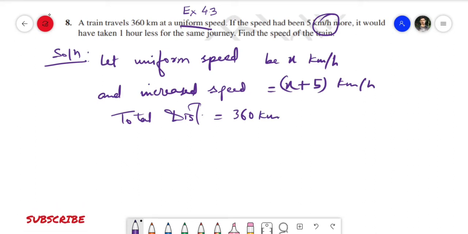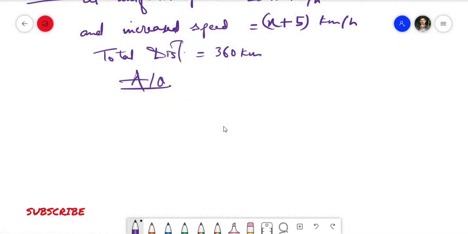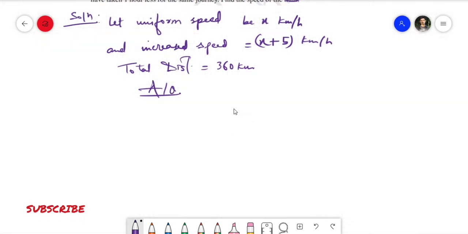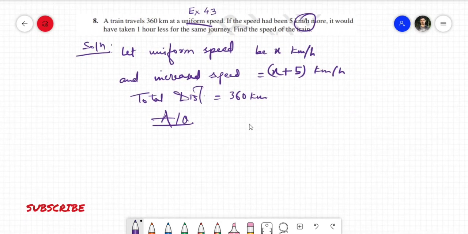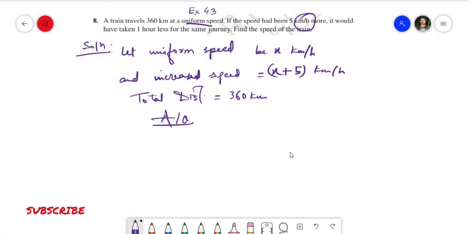Okay, so let us do this according to the question. According to the question, uniform speed, everything is given to you. Now I don't know whether you know or not; if you know, then it's good. We have to find out the time.